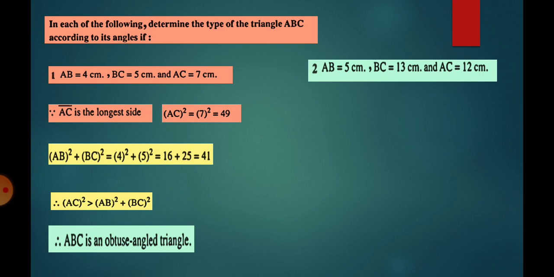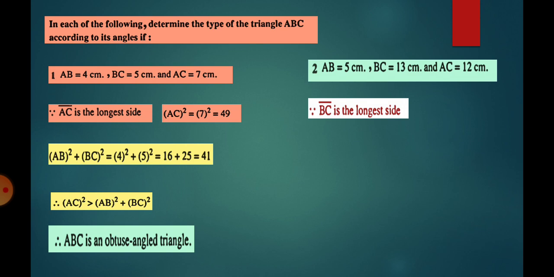And we find the sum of the squares of the two other sides: AB power 2, 5 power 2, plus 12 power 2, their sum equals 169. Here we find BC power 2 equals AB power 2 plus AC power 2, so the angle opposite to BC, angle A, has a measure equal to 90 degrees, and this triangle is a right angled triangle.